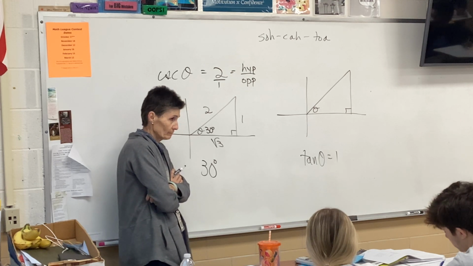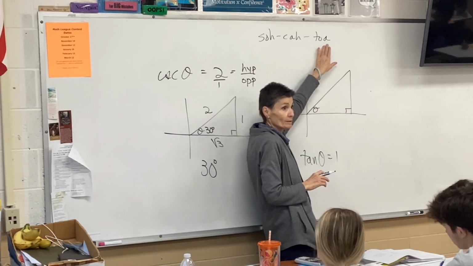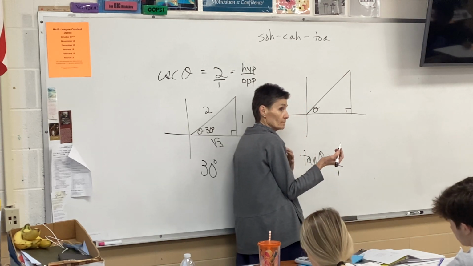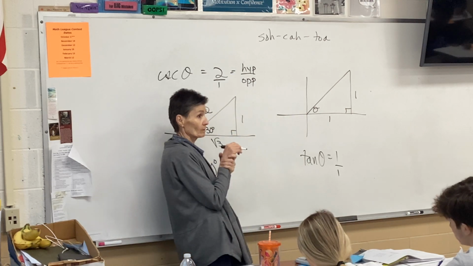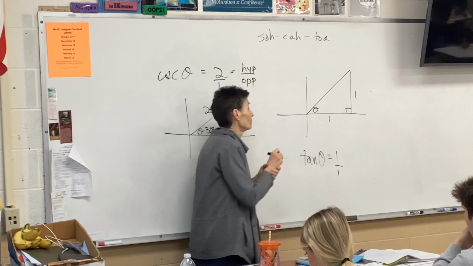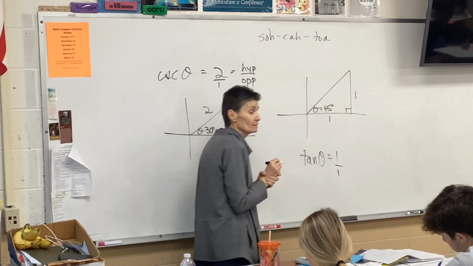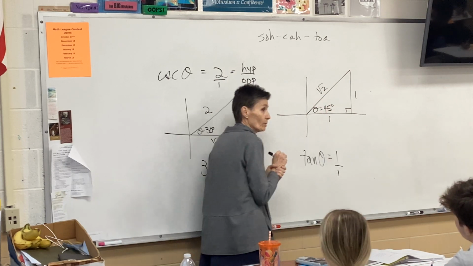What's tangent? Well, tangent is opposite over adjacent, so 1 over 1. So opposite and adjacent are ones. What kind of triangle has 1 and 1? 45 degrees. Hypotenuse would be root 2 if you needed it, but you don't.